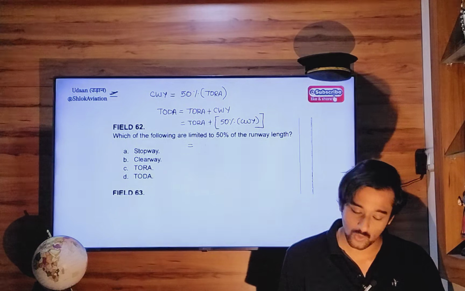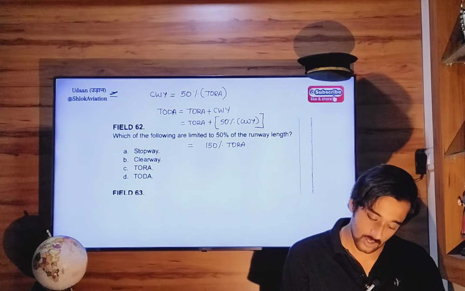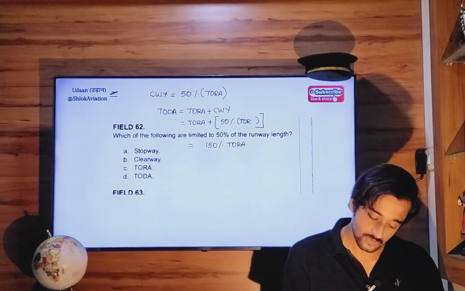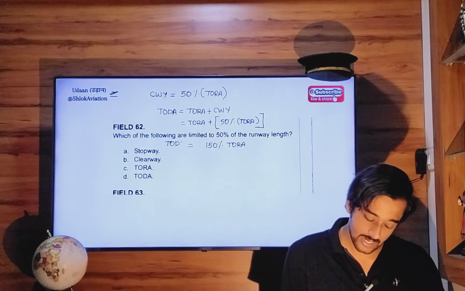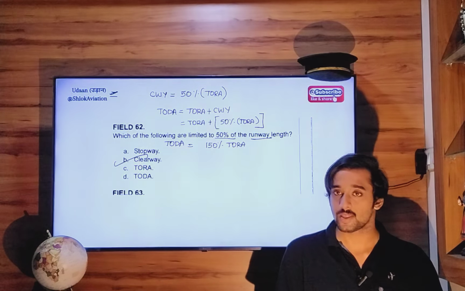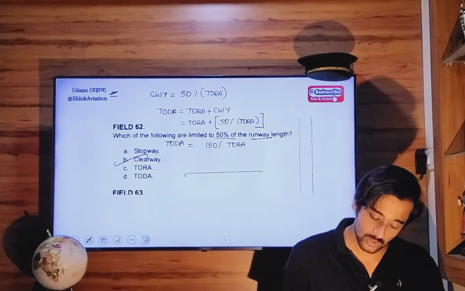So takeoff distance will be 150% of takeoff run available. TODA. So the correct answer is the clearway, 50% of the runway length. Okay, remember this. I have explained this in my previous video lectures.